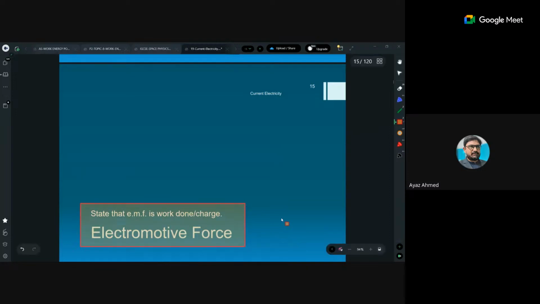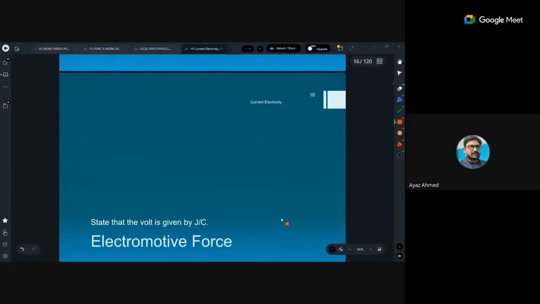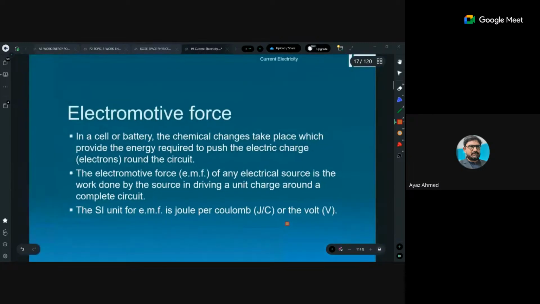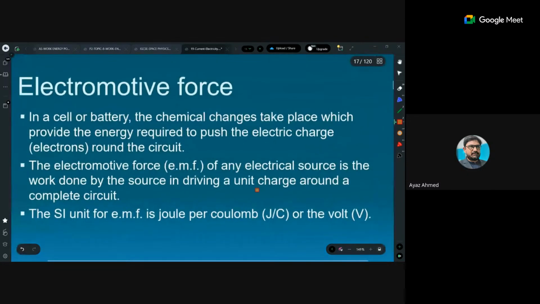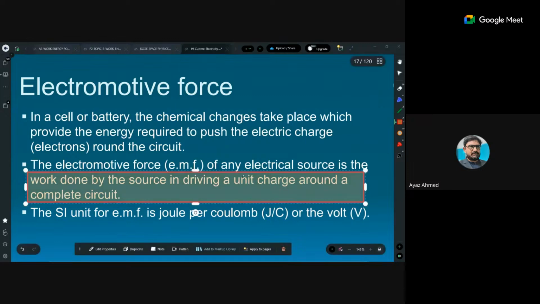It is not actually a force, it is energy delivered by a cell or a battery to make the charges flow in the circuit. So the electromotive force of an electrical source is the work done by the source driving a unit charge around the complete circuit.